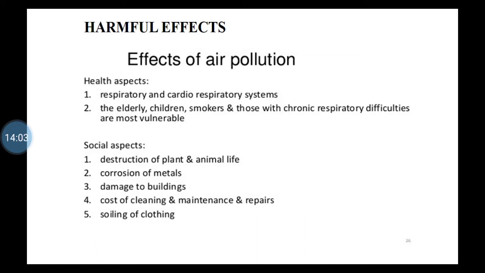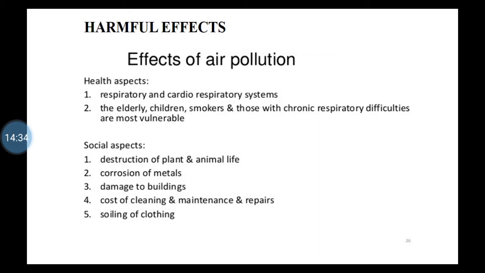Then other effects of air pollution are social aspects, like the destruction of plant and animal life, isn't it? Then there is corrosion of metals, there is damage to buildings. Here buildings means the color of the building gets affected if air pollution is high, and we can take the example of the Taj Mahal, isn't it?